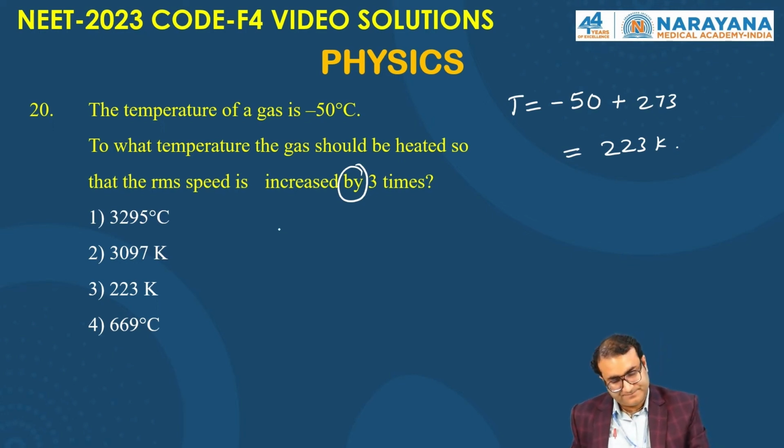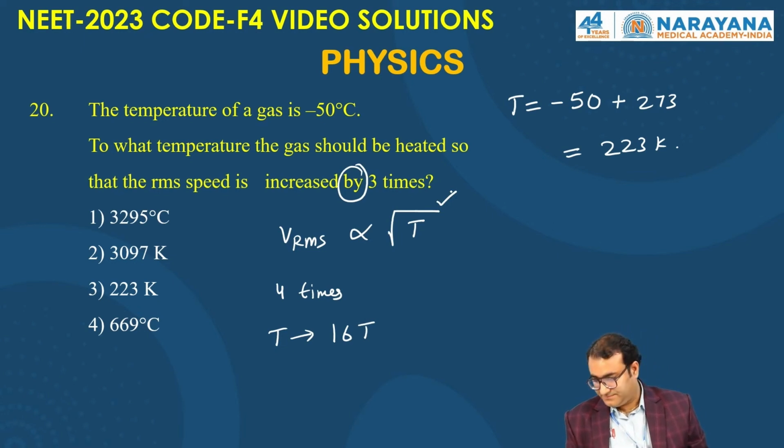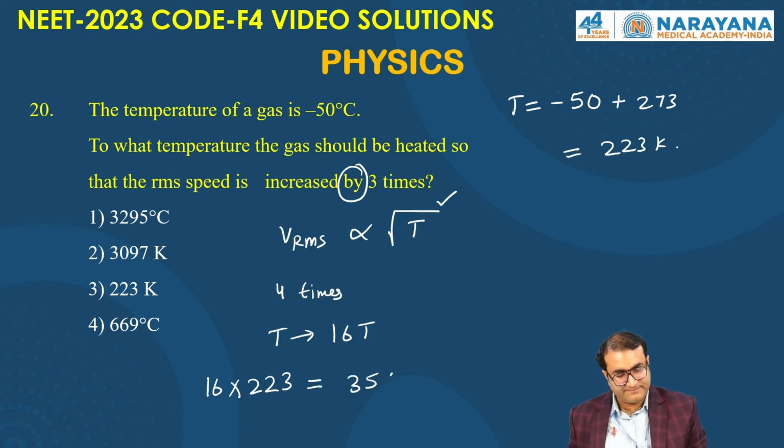RMS speed is directly proportional to under root of temperature. So when it is becoming 4 times, temperature has to become 16 times, because under root of 16 is 4. So temperature is becoming 16 times 223. It will come out to be 3568 Kelvin.